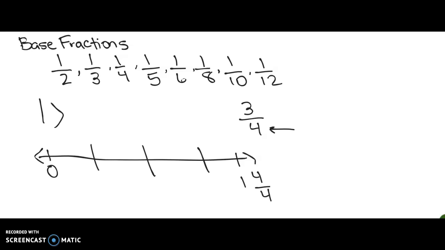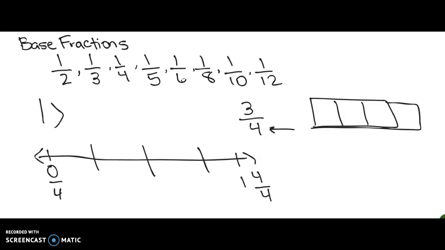Now when we start with 0, it's always 0 and the denominator because we don't have any parts that are shaded. We can also represent this in a picture. And in the picture, 0/4 has 0 out of 4 shaded or colored in.